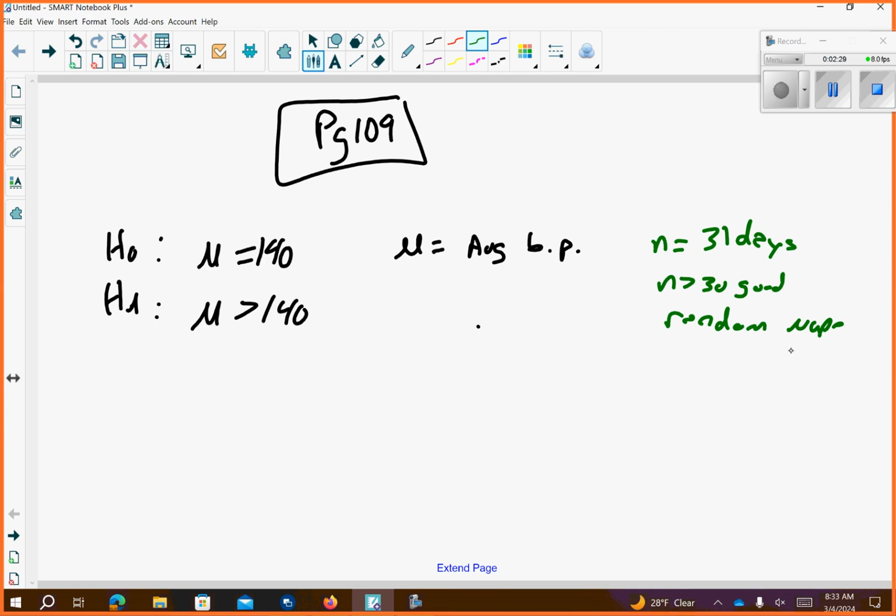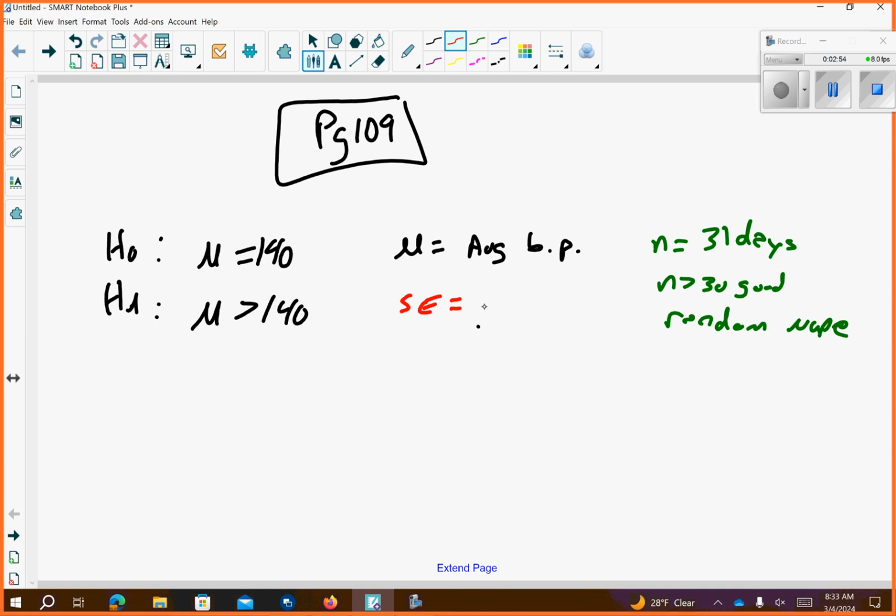All right, so the sample's big enough, but it's not random. Okay, we're on page 109 for those who just got here. Let's see. I guess we should try and find the standard error. They didn't tell us the standard deviation.